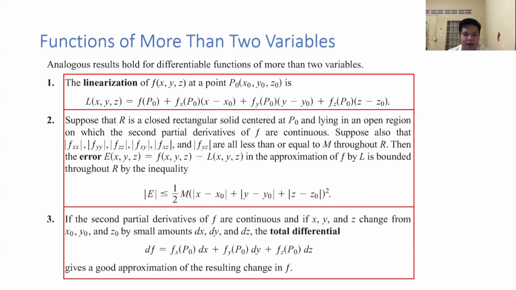And suppose that R is a closed rectangular solid centered at P0 and lying in an open region on which the second partial derivatives of f are continuous.